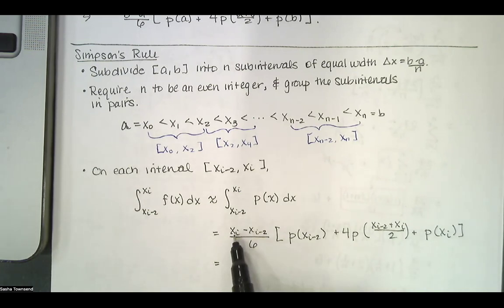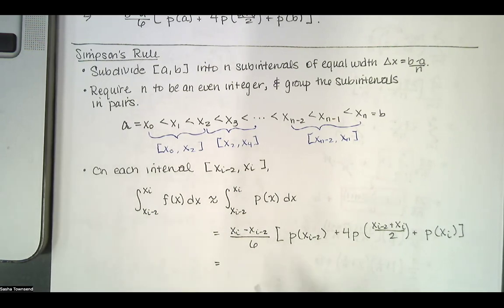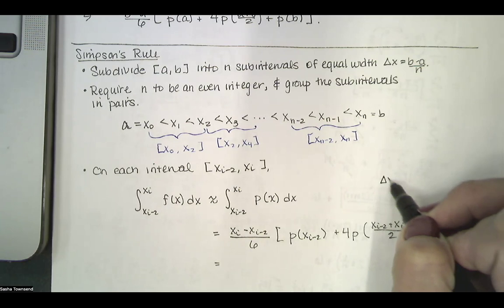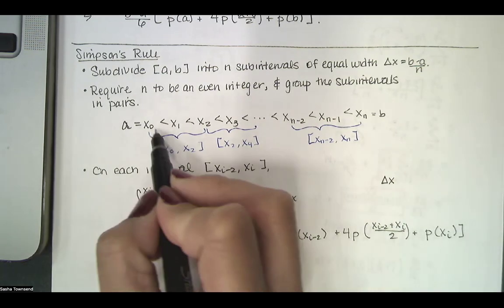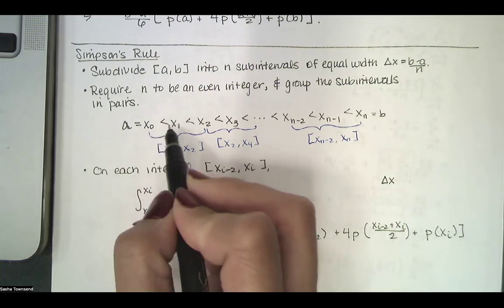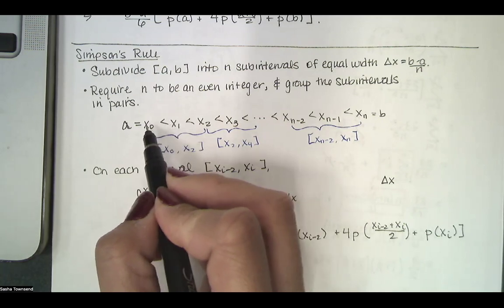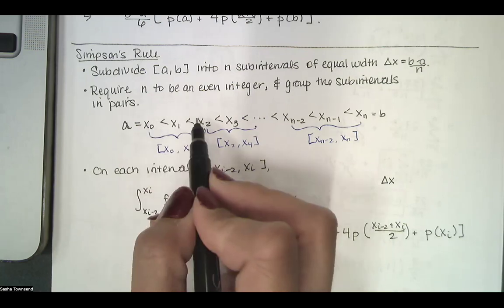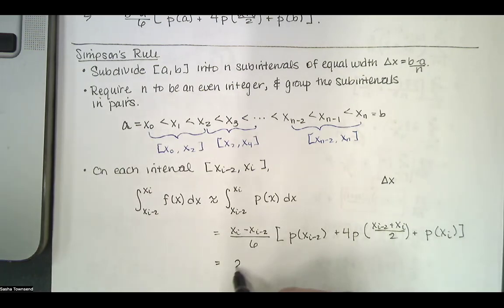And this x sub i minus x sub i minus 2 is related to delta x. Delta x is the length of the interval from x naught to x1. So if I'm going from here to here and then here to here, the length of that interval is 2 times delta x.